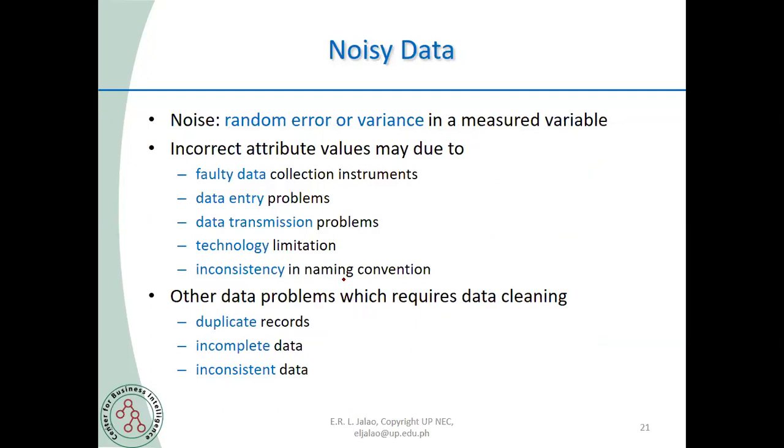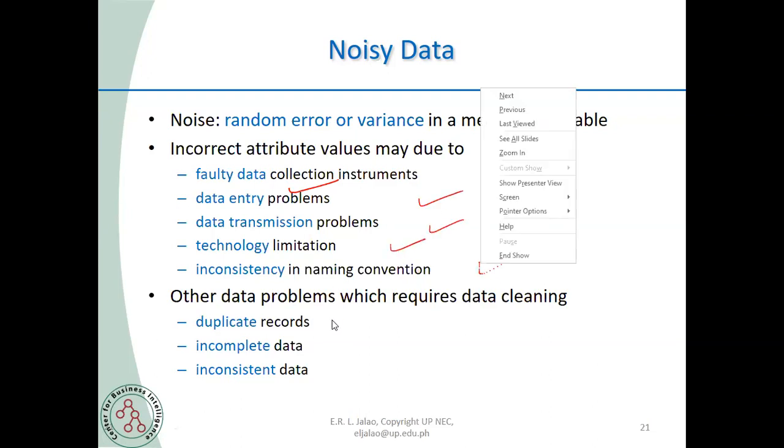Okay? So noisy data, noise, random error, or variance in a measured variable. So we have here incorrect attribute values made due to faulty data collection instrument, data entry problems, transmission, technology limitation, inconsistency, duplicate records, incomplete data. So those are the problems of noisy data.